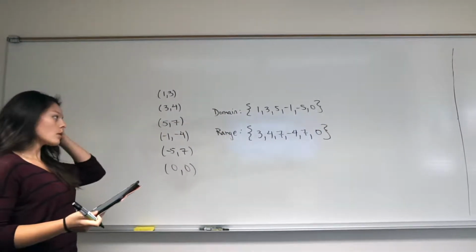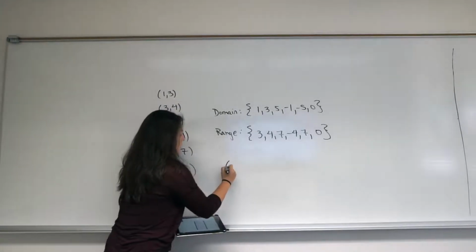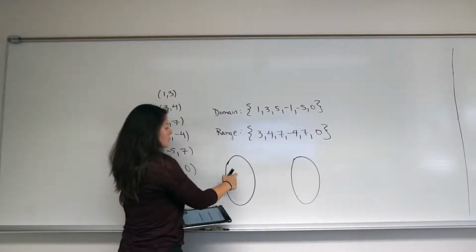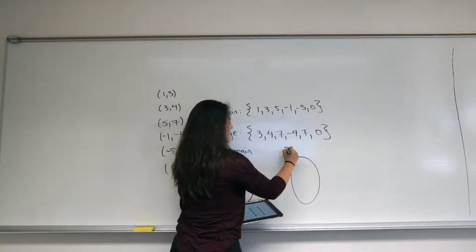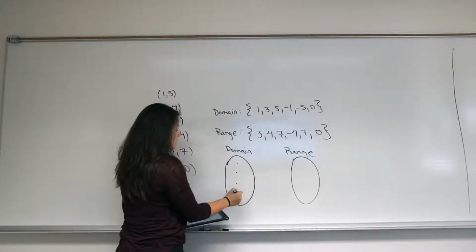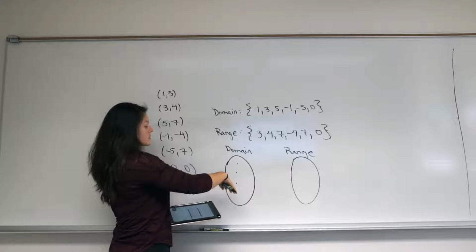Okay, now pictorially we can think about domain and range as this. Let's say I have 2 ellipses. This one will represent the domain, and this one will represent the range. And let's say I have elements in my domain. Now we're talking about elements that maybe aren't numbers.